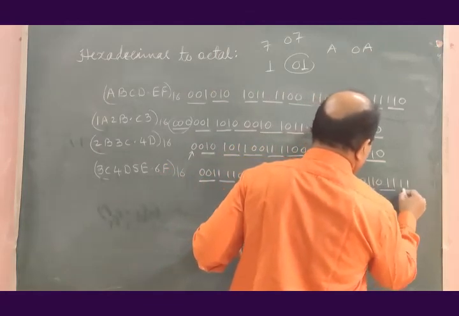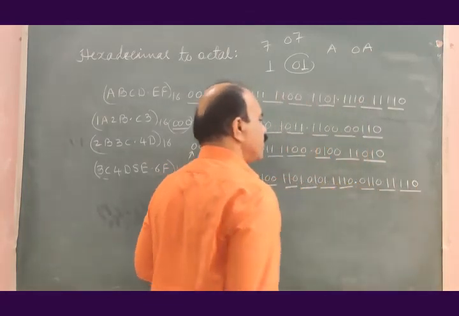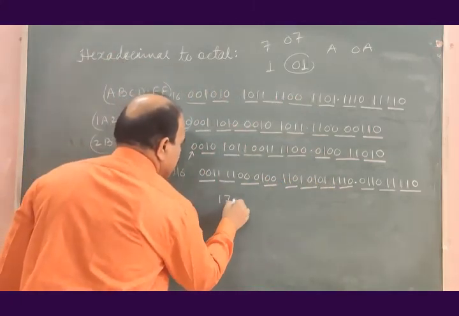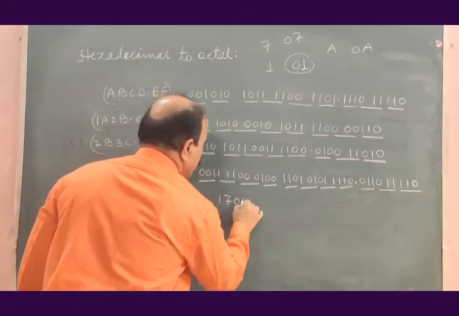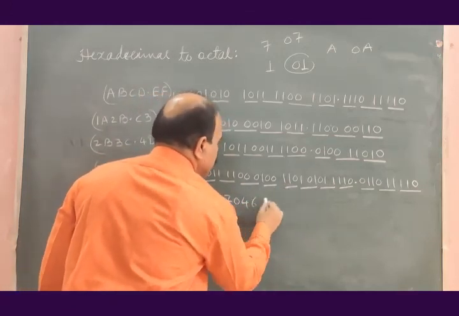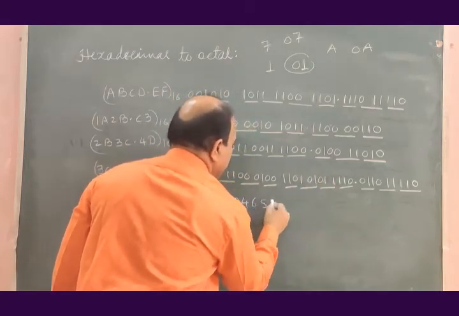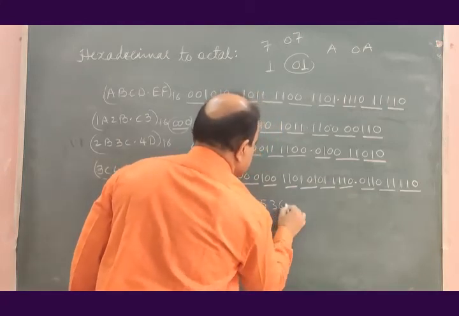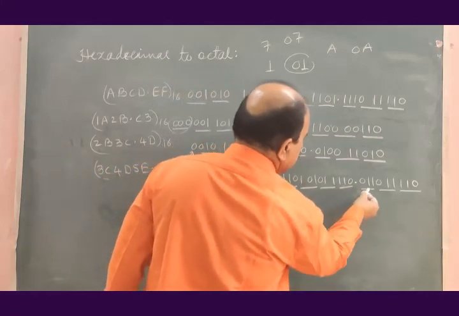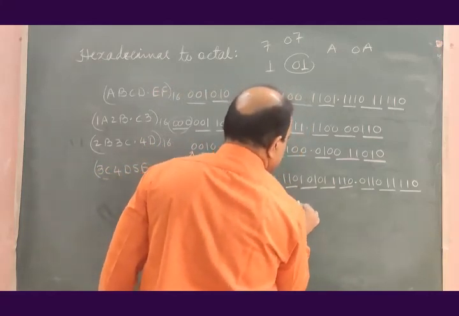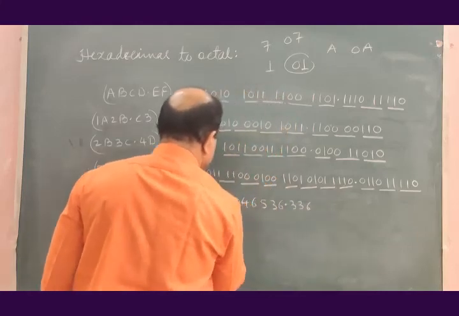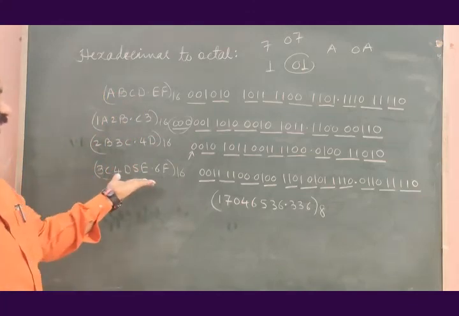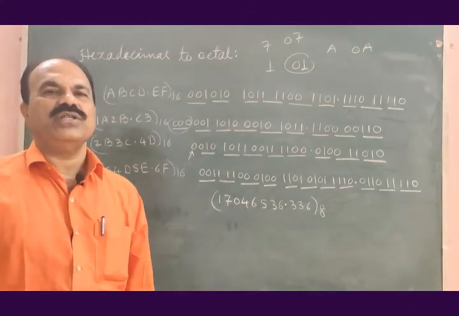Add a 0 where short. The octal digits are 1, 7, 0, 4, 6, 5, 3, 6, octal point, 3, 3, 6. So this hexadecimal number is converted to an octal number.